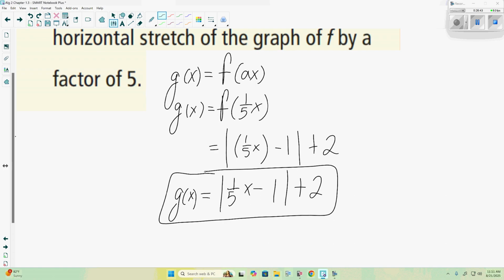Yes. Because for horizontal stretch or shrink, it doesn't matter whether it says horizontal stretch or horizontal shrink. Horizontal stretch and shrink is going to be this flip. And it's mainly due to the properties of horizontal stretch and shrink, because we're talking about the x-axis, horizontally.